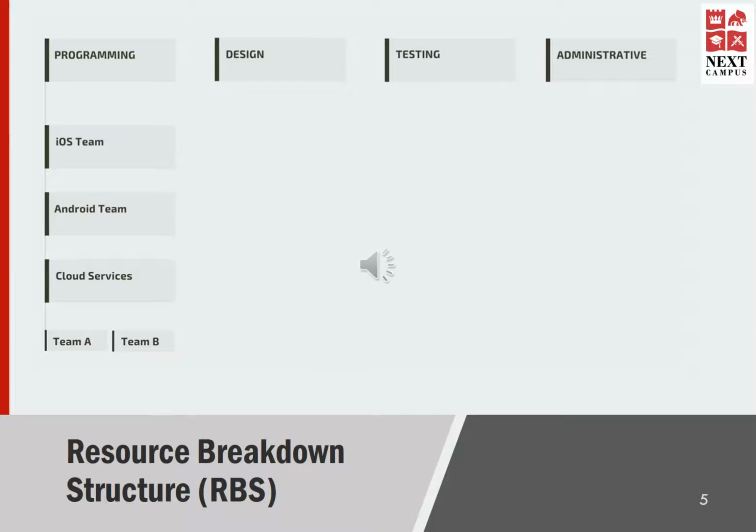So if you first look at the programming stream, there are few teams involved in this category. First, iOS team. Second, Android team. Third, cloud services. Under cloud services, you have two teams, Team A and Team B.